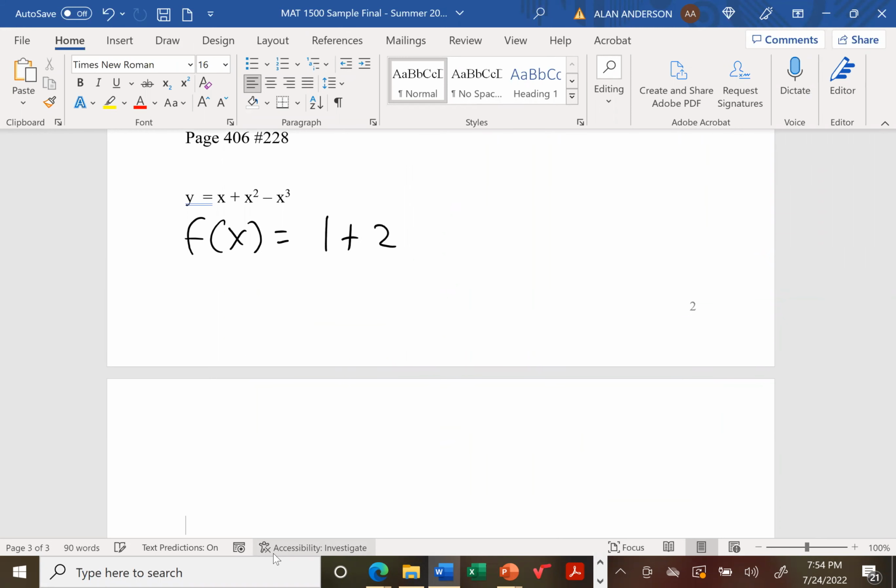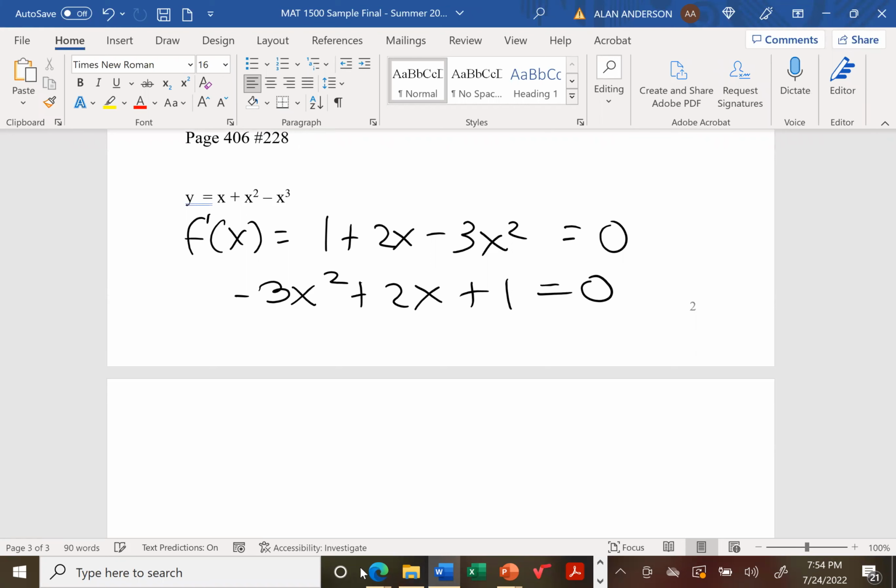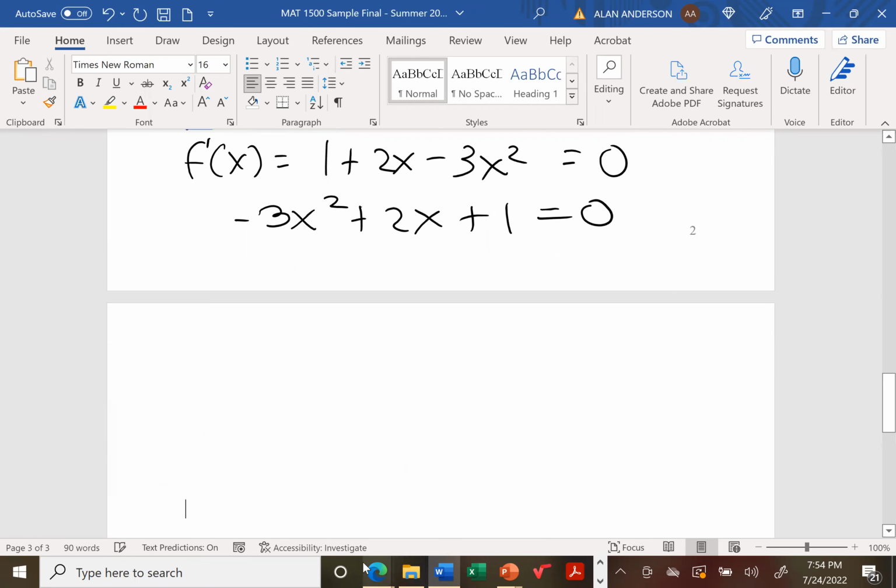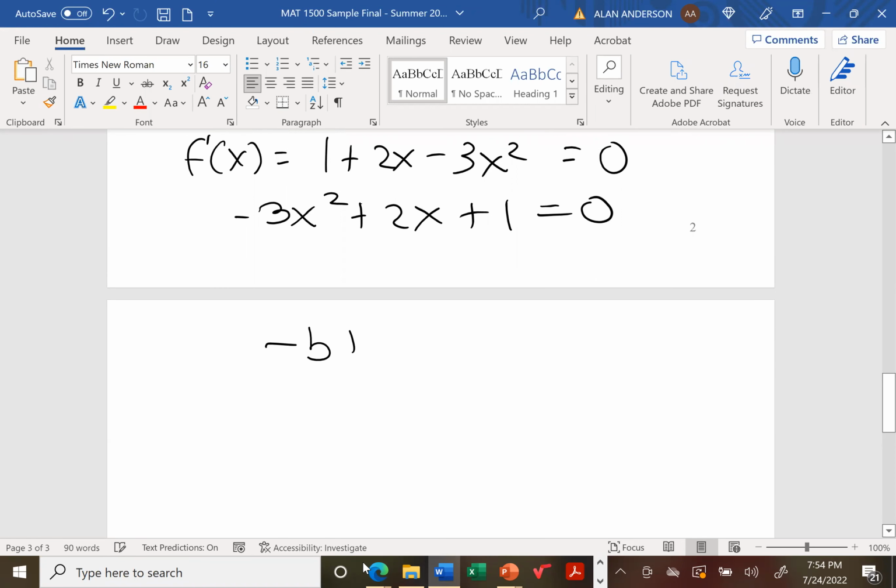1 plus 2x minus 3x squared. Now, something like this, probably you should rewrite it. I don't know about you, but I think it would be very difficult to factor this. So we may as well use the quadratic formula. It's one of those things where everybody remembers it. You might as well use it.